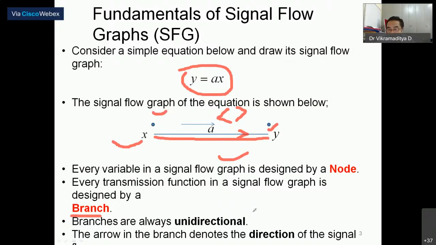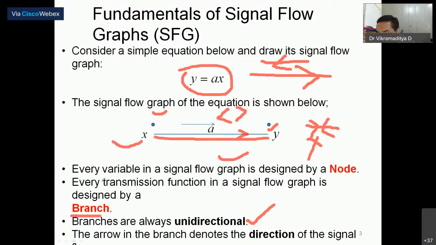One important thing: branches are unidirectional. Unidirectional means you cannot have two arrows in a branch. This is wrong. Either it will have this feedforward direction or it will have this backward, feedback direction. There cannot be two arrows in a single branch, so it is unidirectional in nature.